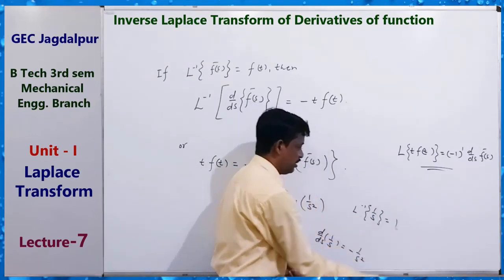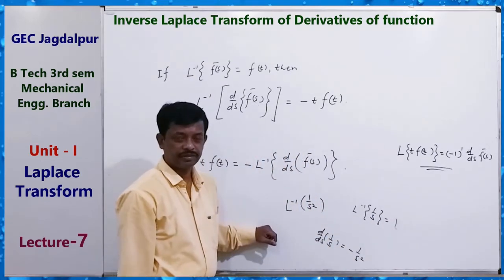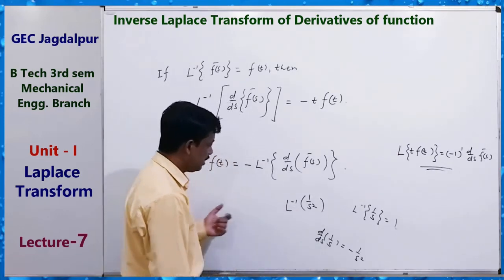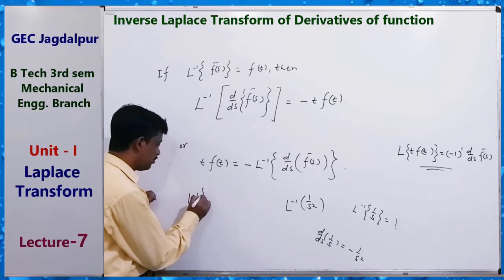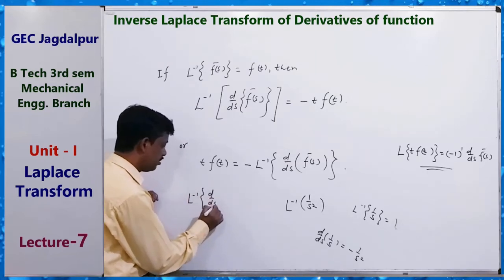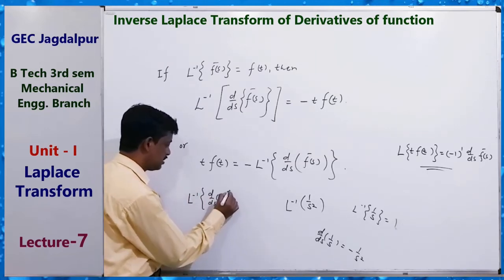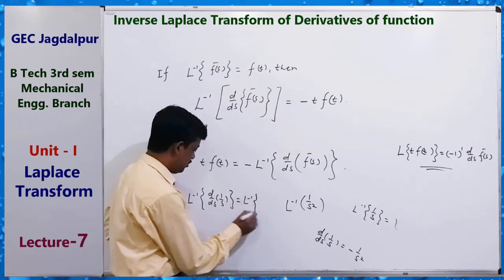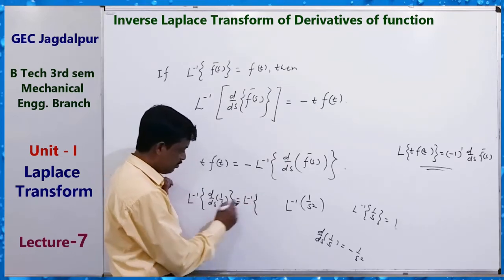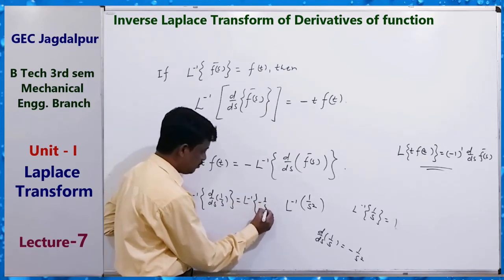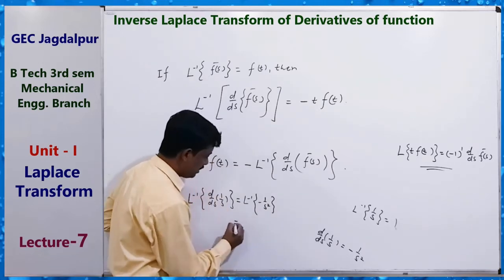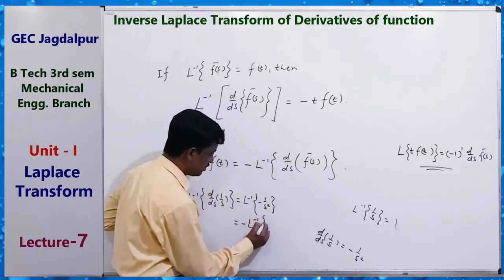We know 1. Okay? So the inverse Laplace transform of the derivative of 1 by s equals to what? The derivative of 1 by s is minus 1 by s square. Okay? So this can be written as minus L inverse 1 by s square.